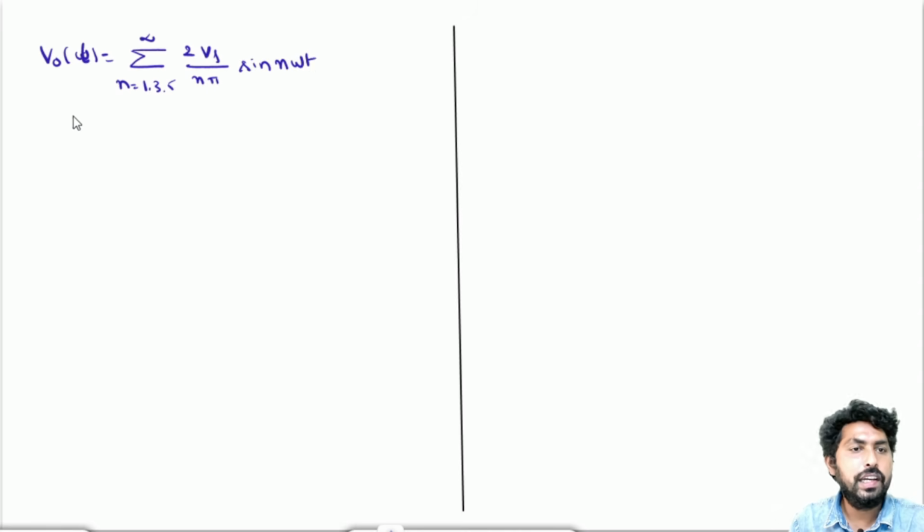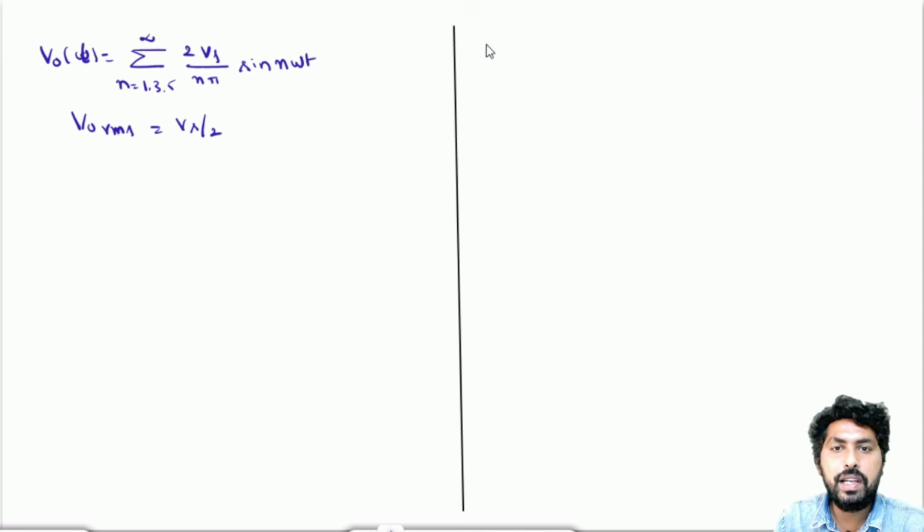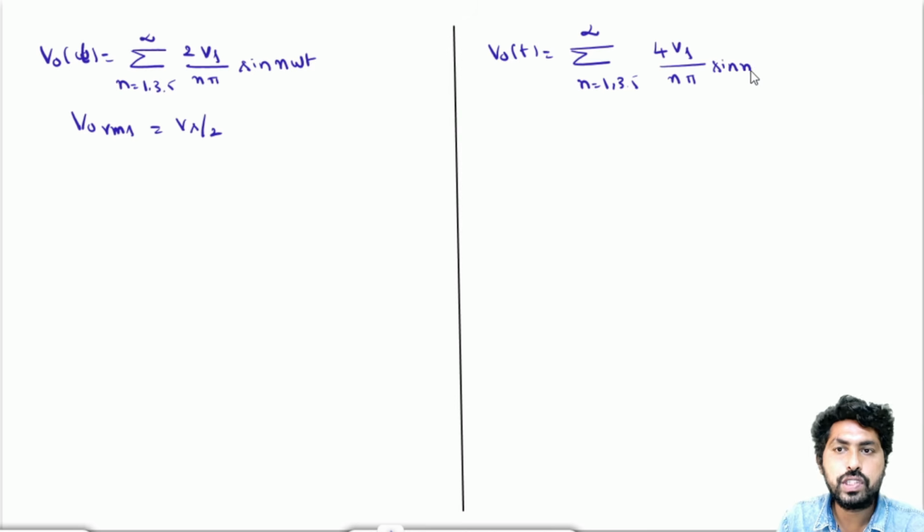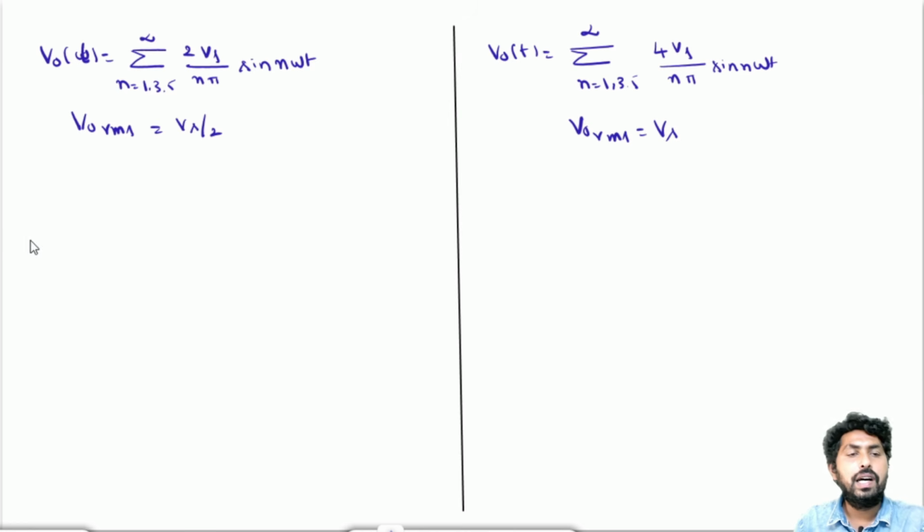V0 RMS equal to Vs by 2. Similarly, here for the full bridge, V0 of t equal to sigma n equal to 1, 3, 5 to infinity, 4 Vs by n pi into sin n omega t. Here the total V0 RMS should be equal to Vs. And what about I0 of t?